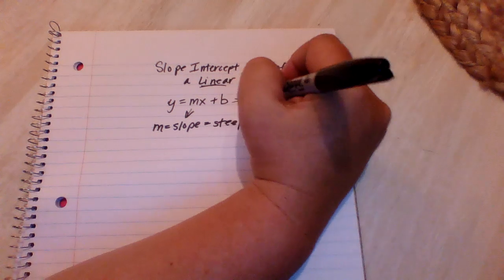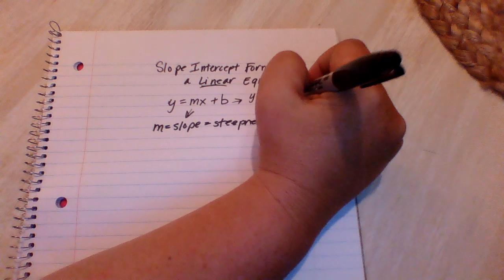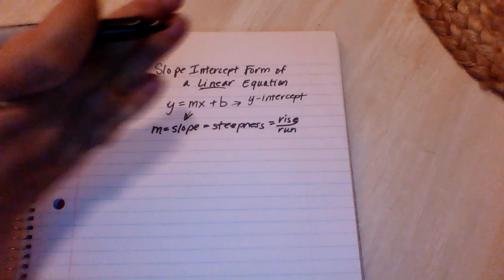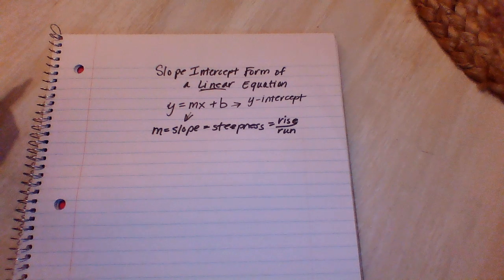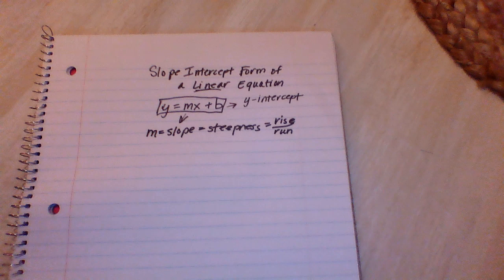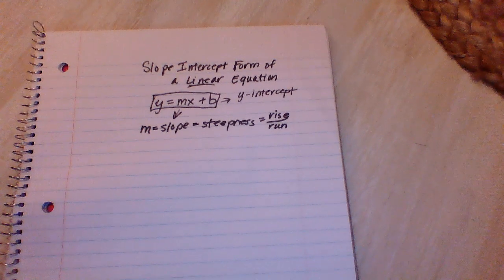And then we know that b is our y-intercept, or where the line will pass through the y-axis, okay? But it always has to be written in this exact formula to get those pieces of information that we're going to need to graph, okay?